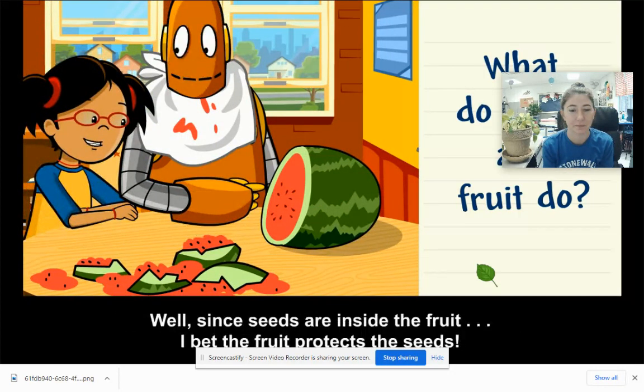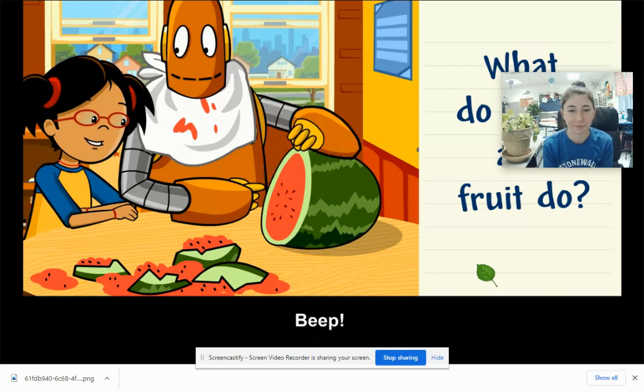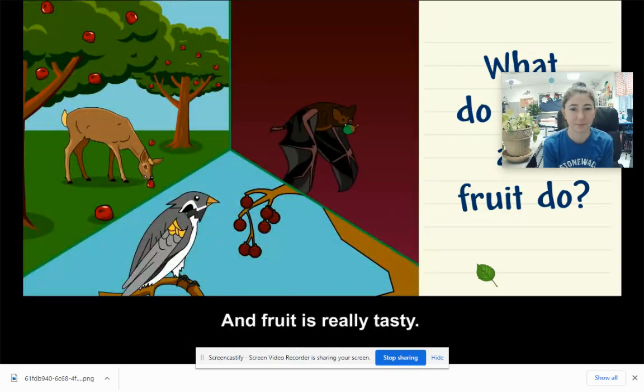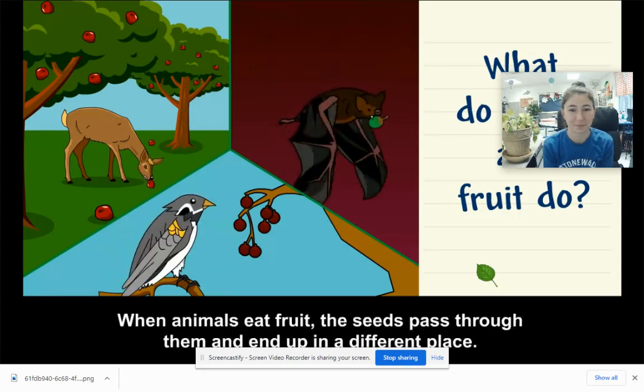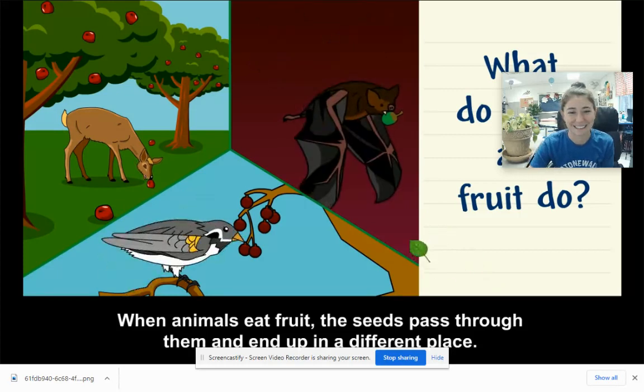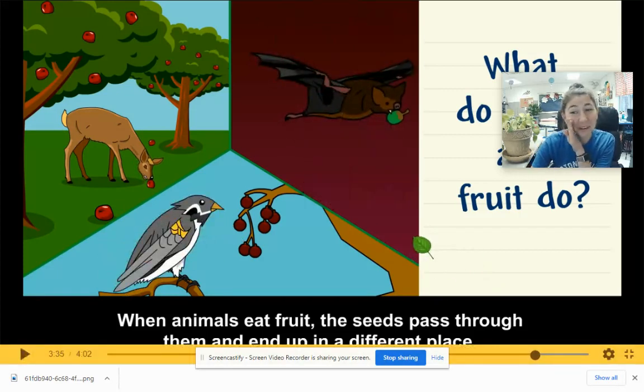Well, since seeds are inside the fruit, I bet the fruit protects the seeds. And fruit is really tasty. When animals eat fruit, the seeds pass through them and end up in a different place. You know what that means, right? They eat them and they pass through them.